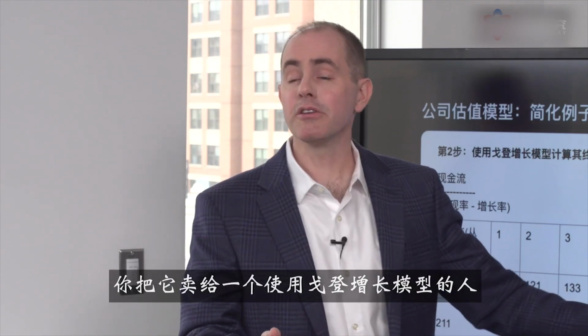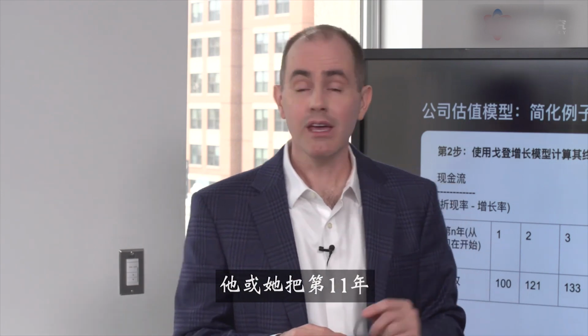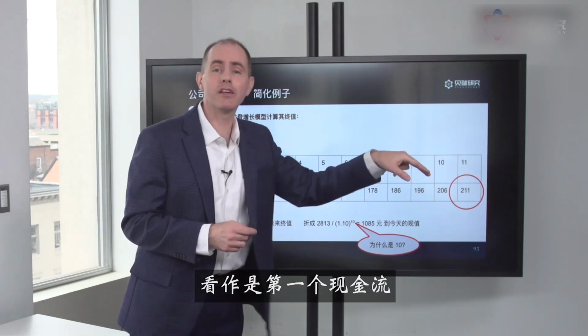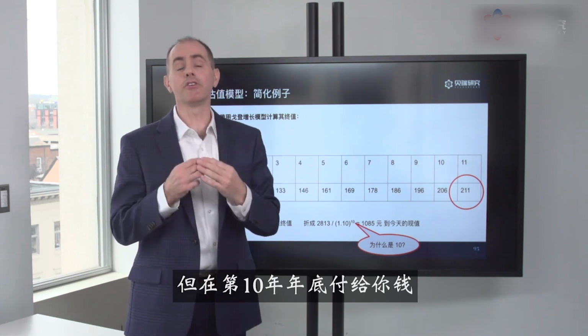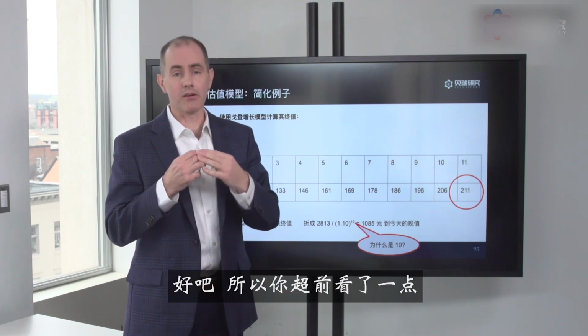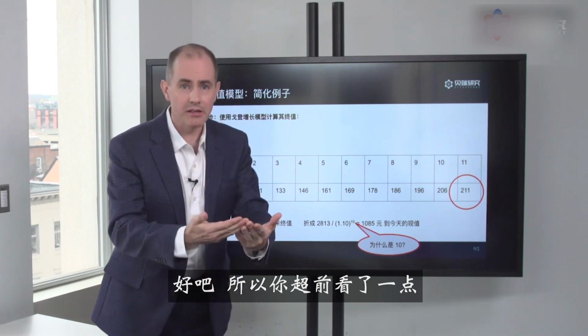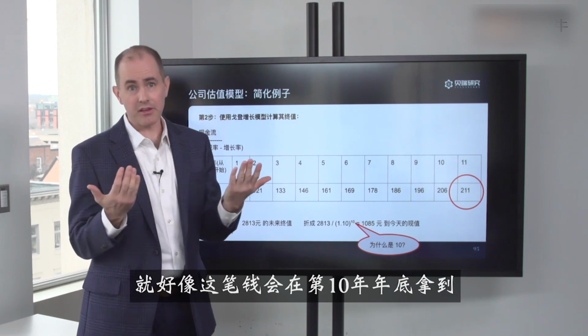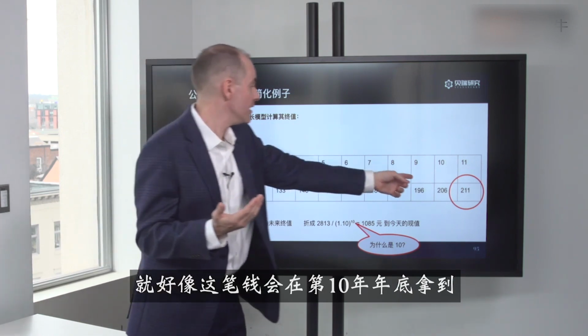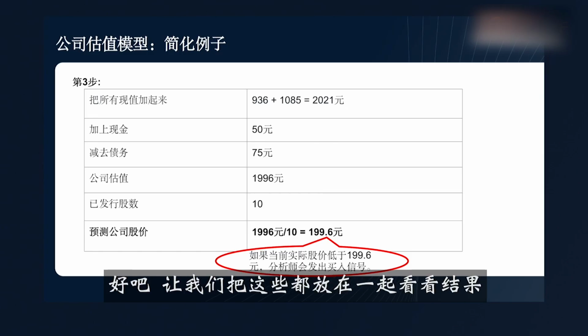You sell it to somebody who's using that Gordon growth model, and he or she is looking at year 11 as the first cash flow, but paying you the money at the end of year 10. All right, so you're looking ahead a little bit, but you're actually discounting it as if it came at the end of year 10. All right, let's put this all together and see the result.